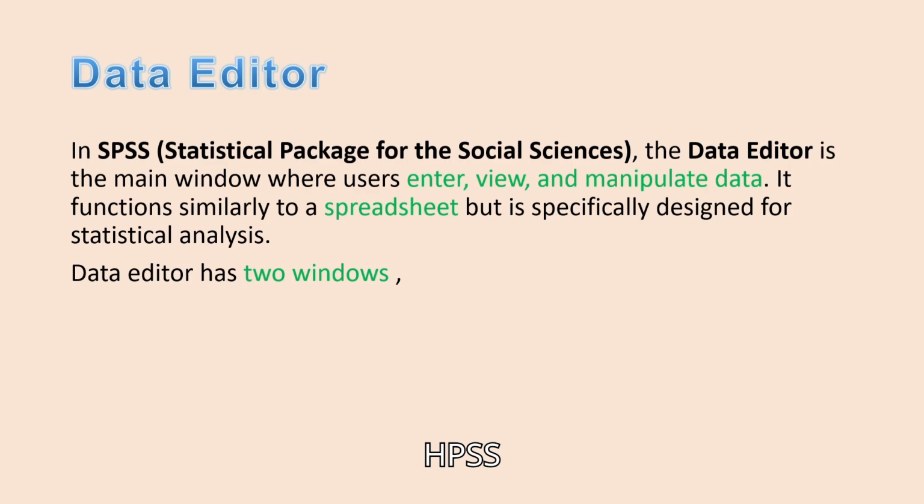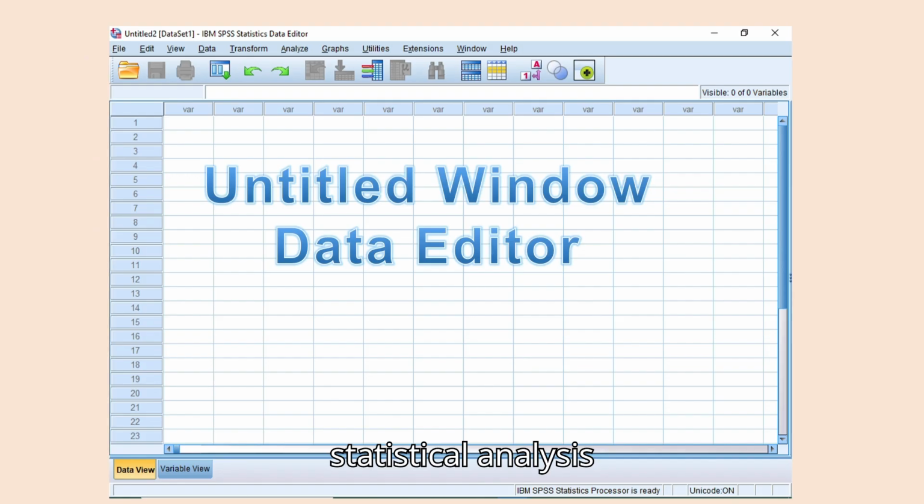In SPSS, Statistical Package for the Social Sciences, the data editor is the main window where users enter, view and manipulate data. It functions similarly to a spreadsheet but is specially designed for statistical analysis.